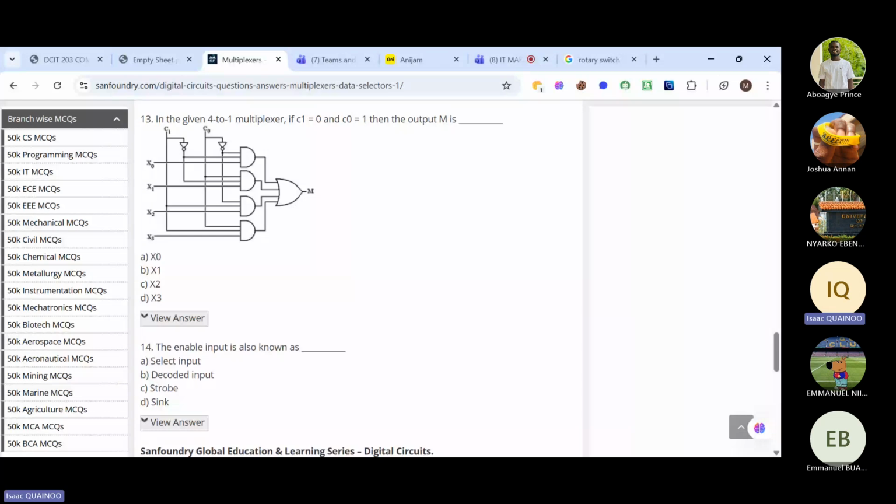What are we going for? X1, B. Okay. So that's Mr. Nyako, right? Yes, please. All right, so Mr. Nyako is going for B, which is X1. Joshua, would you want to select something? Yeah, I'm checking. I'm looking through.